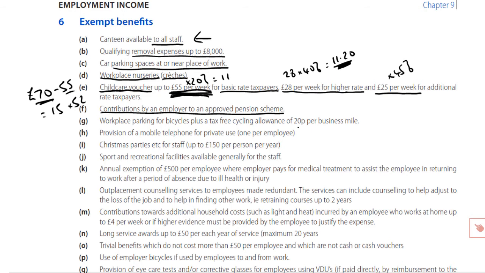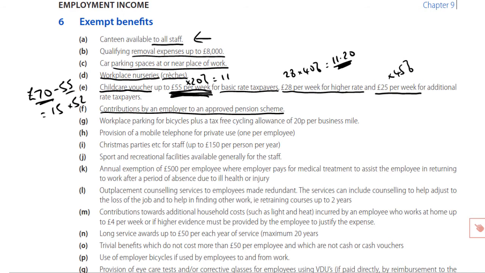This means that pension contributions are hugely tax efficient. We've already seen in this chapter that any employee contributions are allowable deductions in deriving your taxable employment income. You get tax relief on them. And now what the employer puts in to such a scheme is an exempt benefit.